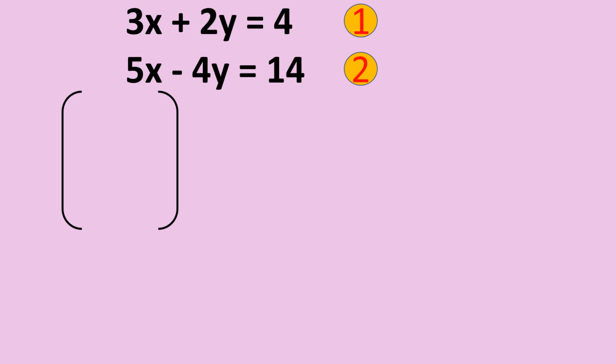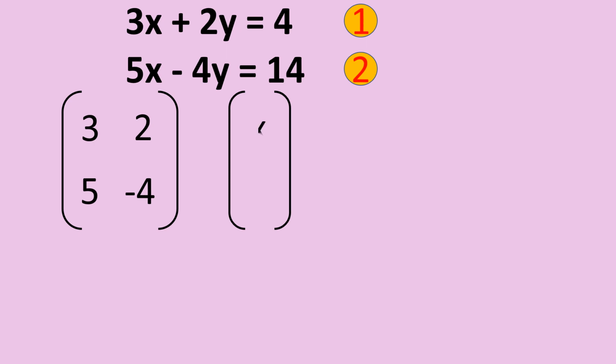So this is the sign of a matrix. What we'll simply do is extract the coefficients of x and y, and then put them inside this matrix. You can see the coefficients of x and y in equation 1 are 3 and 2, and in equation 2 we have 5 and minus 4.